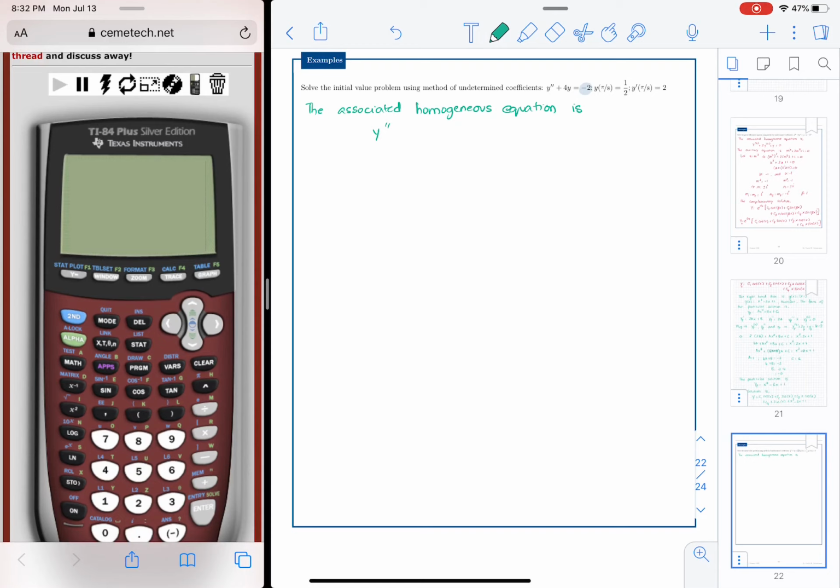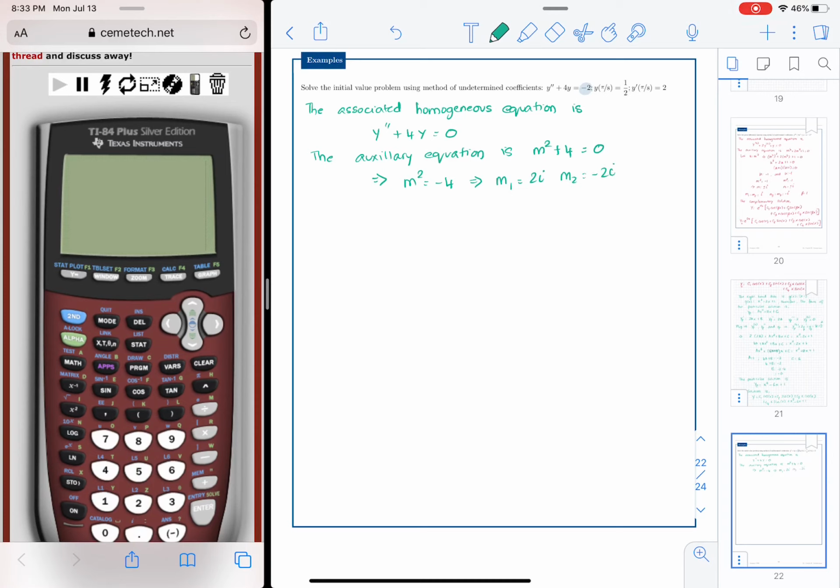is y double prime plus 4y equals 0. So the auxiliary equation is m squared plus 4 equals 0, which would imply m squared equals minus 4, which would imply m1 is 2i and m2 is minus 2i, complex conjugate pairs.